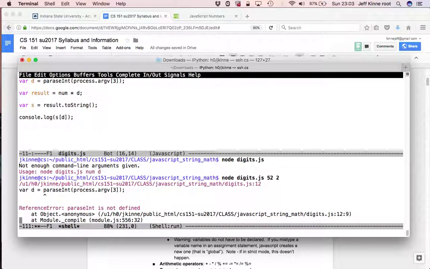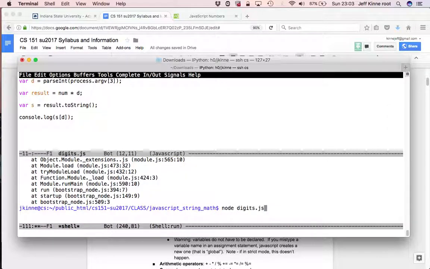Let's see. parseInt. Okay, so what we get here is 52 times 2 is 104, and then as a string, the 1 is in the 0 position, 0 is in the 1 position, and 4 is in the 2 position.